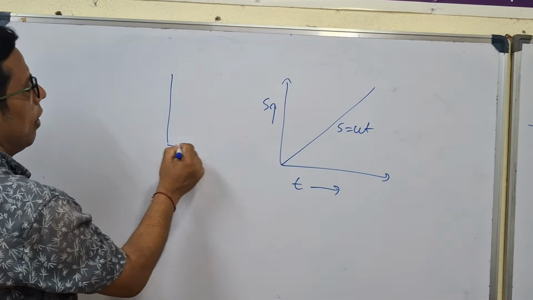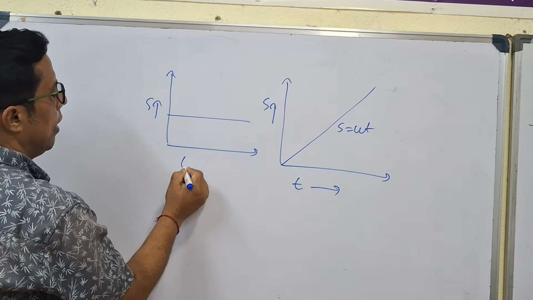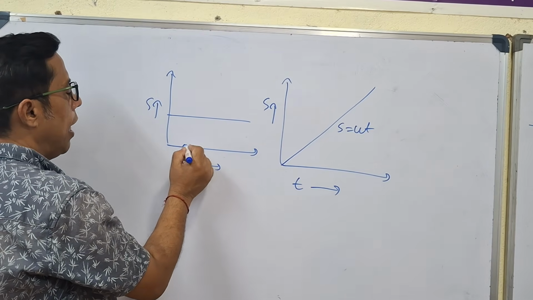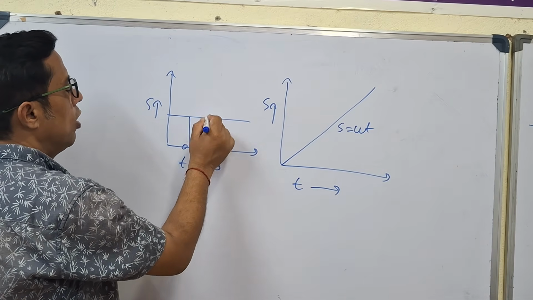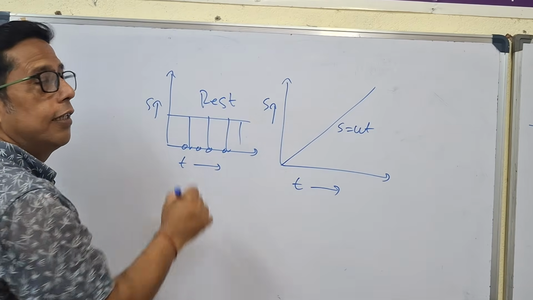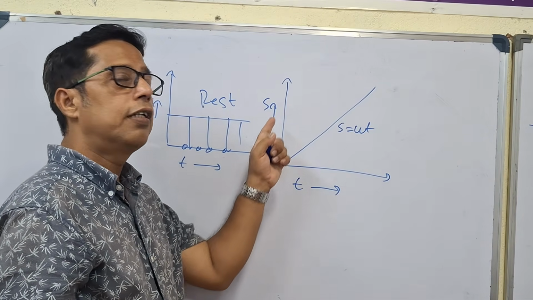If I draw a graph like this, it will be s = ut. So this represents uniform velocity, right? Now if I draw a graph like this, s in this direction, t in this direction, this means the time is going ahead but the displacement is not changing. So it is an object at rest in the s-t graph, and here with time the object is moving.